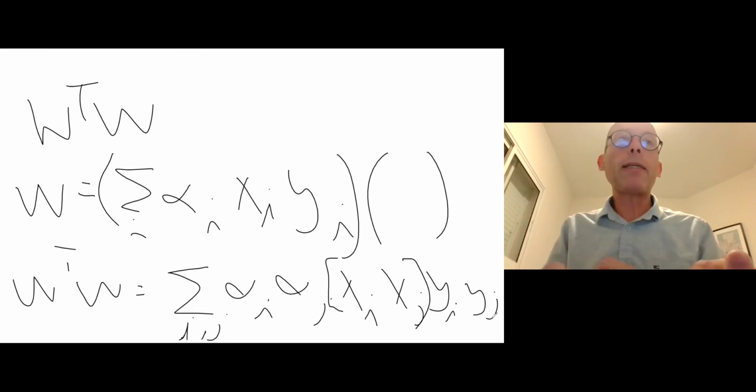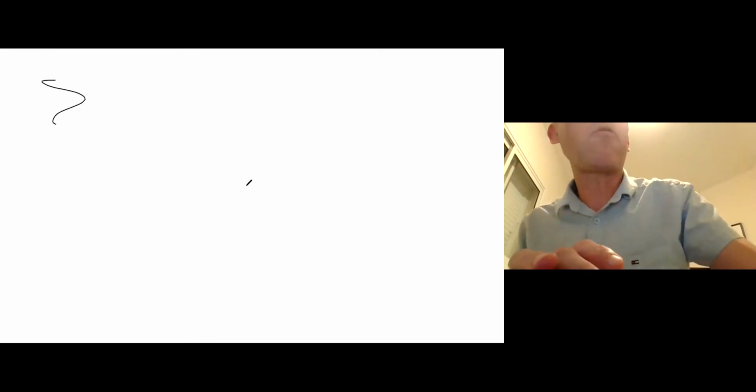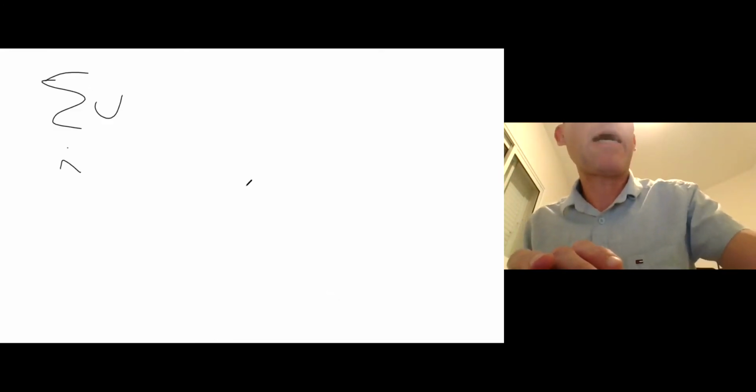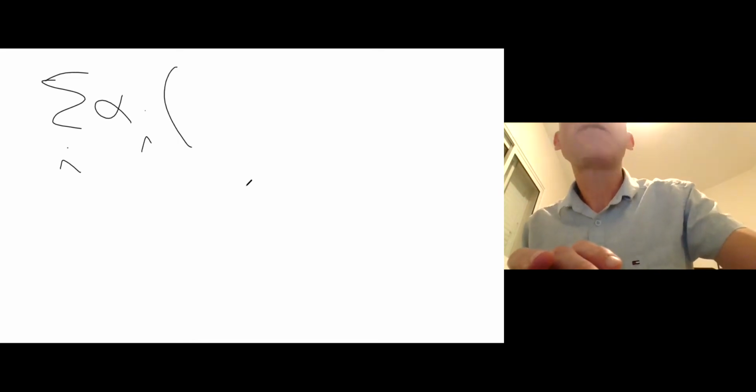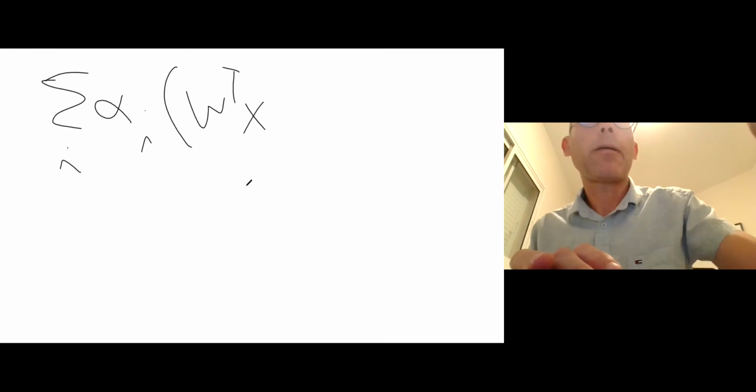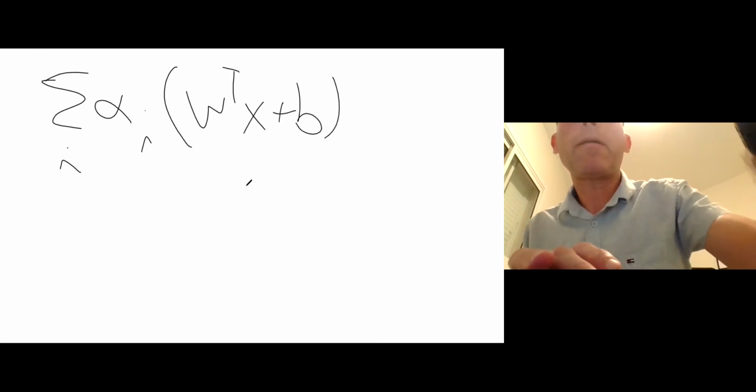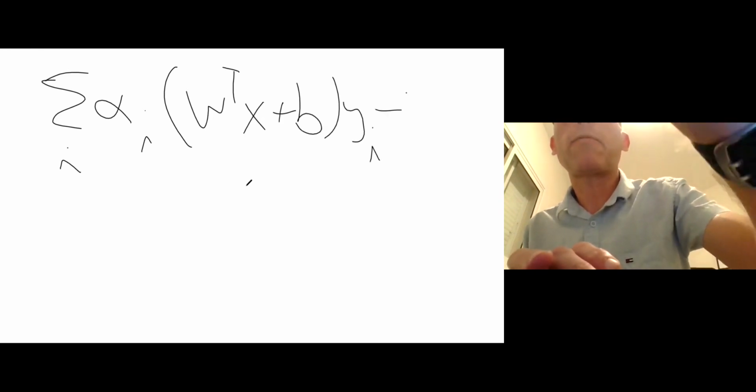We also have this sum over i, alpha_i, (W^T x + b) y_i minus 1.